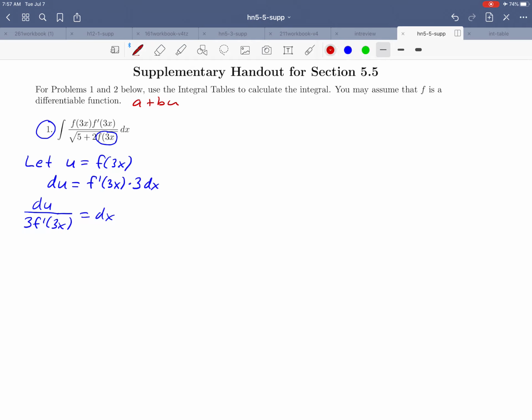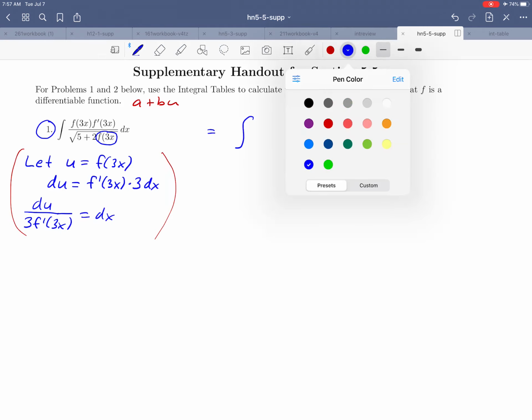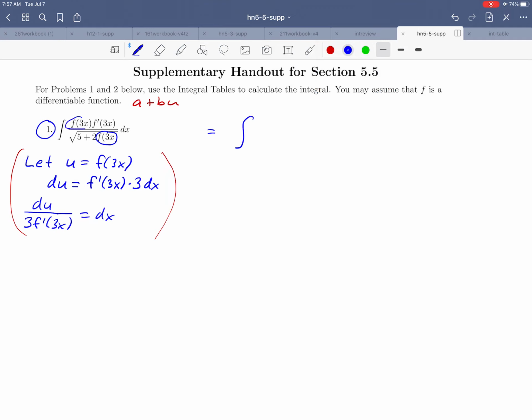Let's see if we can take that and rewrite our integral here. Looking at the pieces, notice that there's an f of 3x that appears in a couple of places, so both of those are going to turn into u's. I'll leave the f prime of 3x alone for the time being.